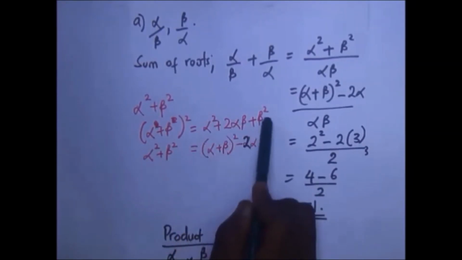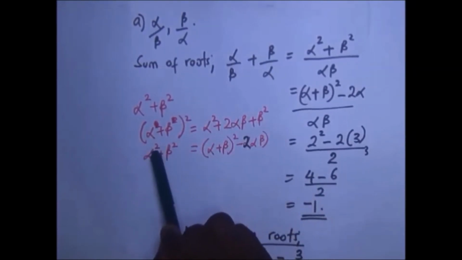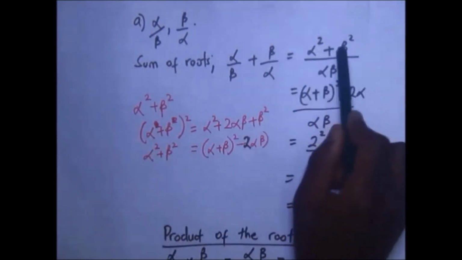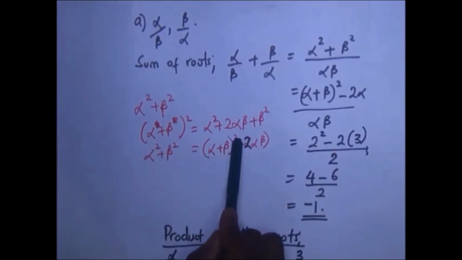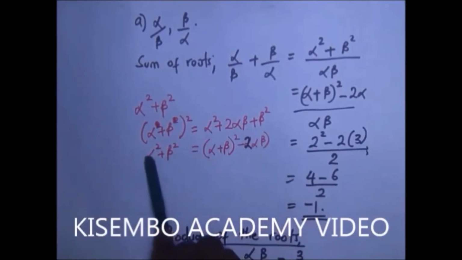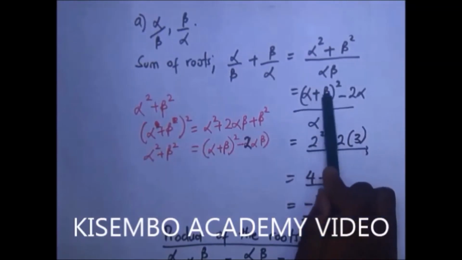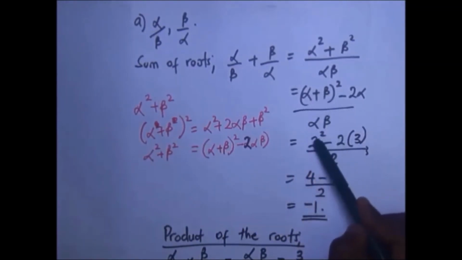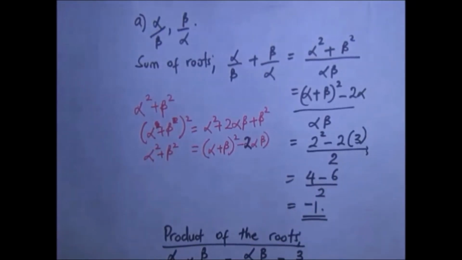When we make alpha squared and beta squared the subject of the formula, we end up with alpha plus beta in brackets squared minus 2 alpha beta. So we substitute for this here. We end up with alpha plus beta is 2, so it is 2 squared minus 2 times alpha beta.